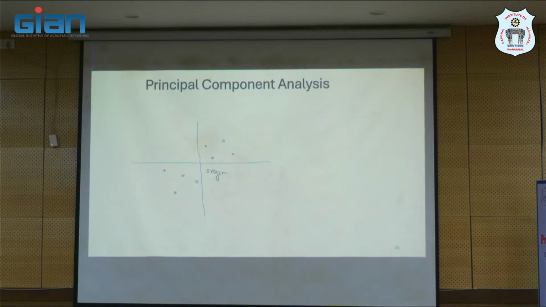Around the origin, the data points are centered. This is an important point to be considered for principal component analysis. If you do not have a data set like this, what you should do is centering. How can you do that? You have to first, given a data set, let us consider a data set where all points are like this.